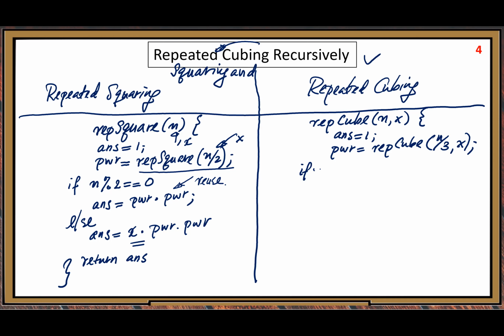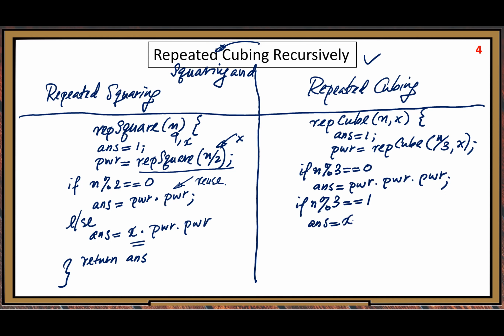If n mod 3 equals 0, answer equals the power times power times power. Otherwise, one extra multiplication, x times.